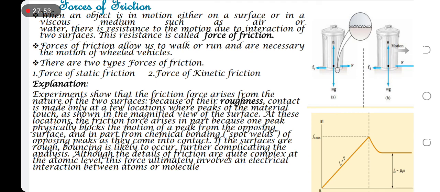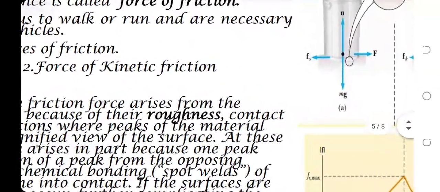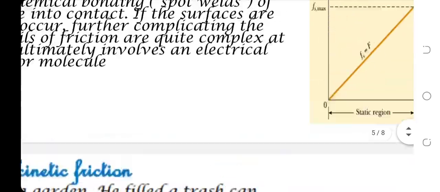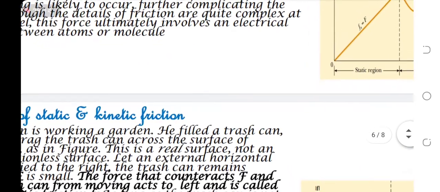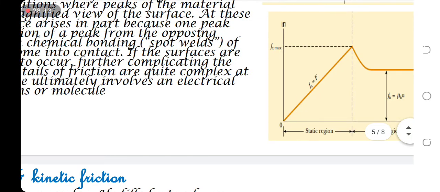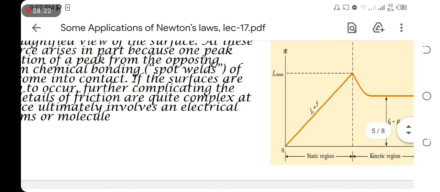It means that in spite of the applied force, the body does not move due to the friction. This also shows that as the applied force is increased, the friction force is also increased. At some stage, if we go on increasing the applied force, the friction force also increases.